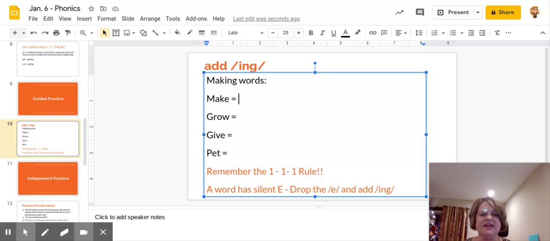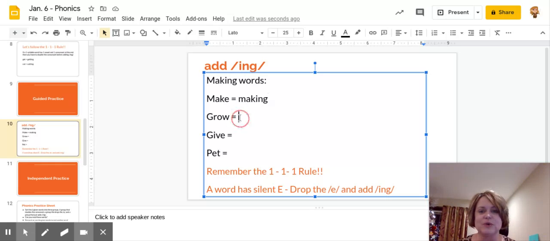I see the E on the end. So I am going to write make, M-A-K, drop the E and add ing, and it's going to turn it into making. If you want to try these on your own, you are more than welcome to pause the video and write the other three words and see if you can write them correctly, and then start the video and you can play back to see if you were correct.